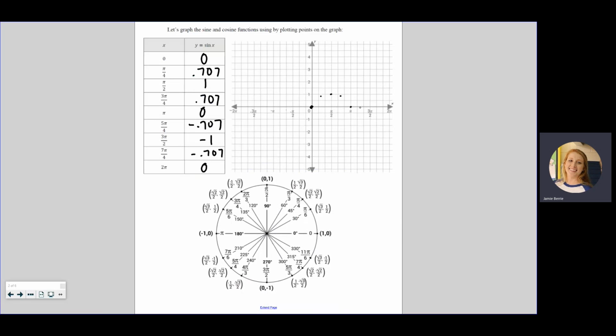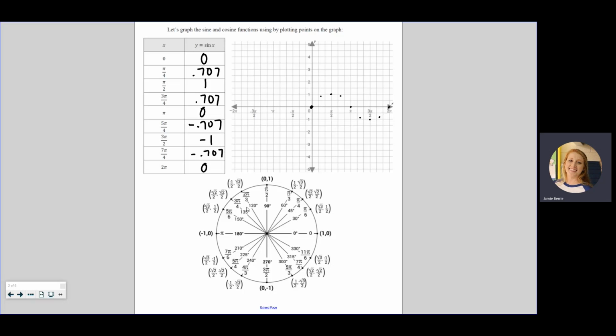Then 5 pi over 4 is about here, at negative 0.707, almost to negative 1. Then 3 pi over 2, we're at negative 1. 7 pi over 4 is halfway between 3 pi over 2 and 2 pi, so about here. And then at 2 pi, we're back at 0. You can see the graph emerge there.